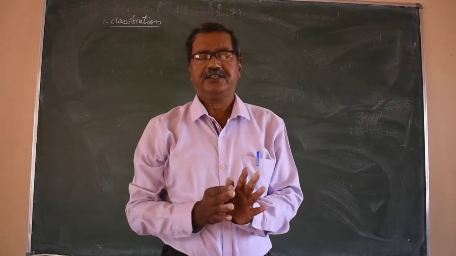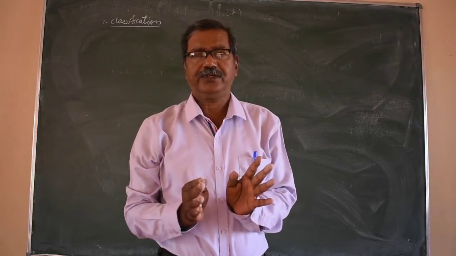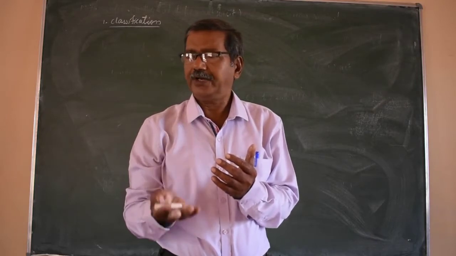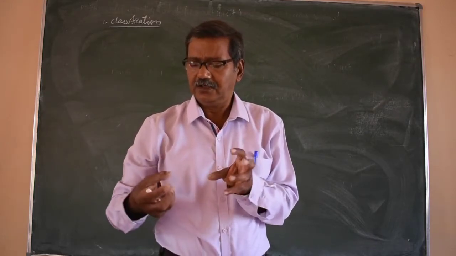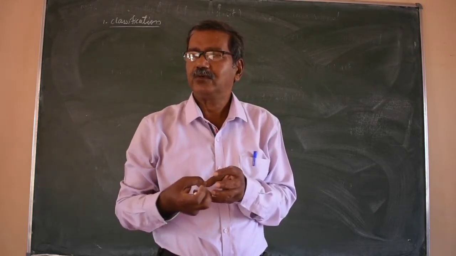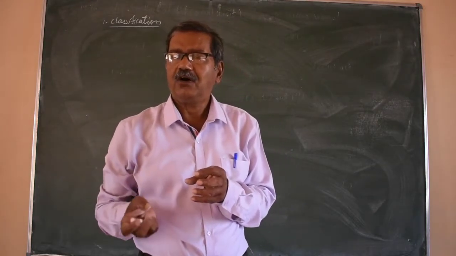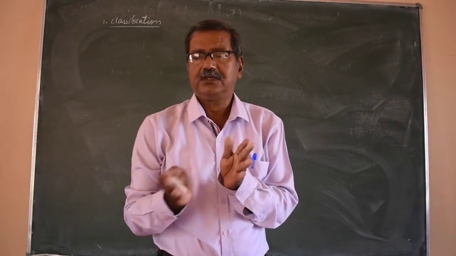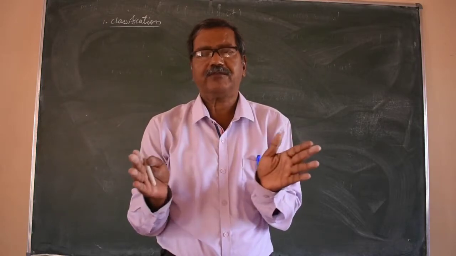Classification based on the number of OH groups: monohydric, dihydric, polyhydric alcohols. Then, to which type of carbon the OH group is attached, whether sp3 or sp2. Afterwards, nomenclature of alcohols.